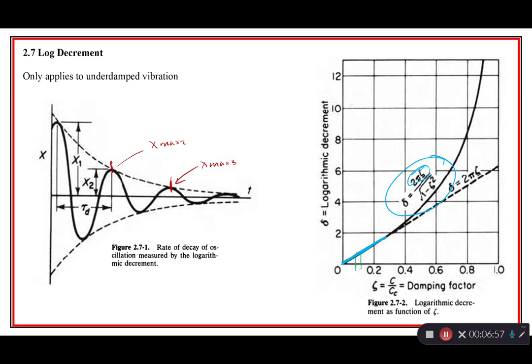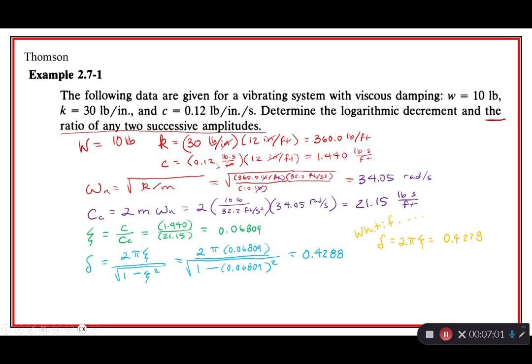So using that log decrement, we'll take the definition of the log decrement, which is this right here. And sometimes we'll write this for convenience: we'll say that this is x n, and then this is x n plus 1.